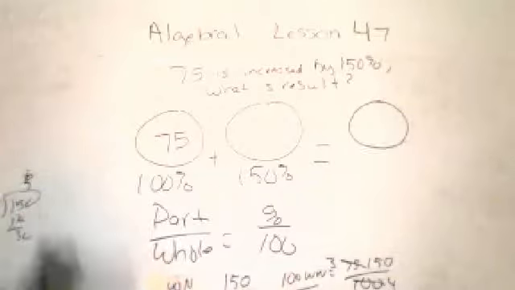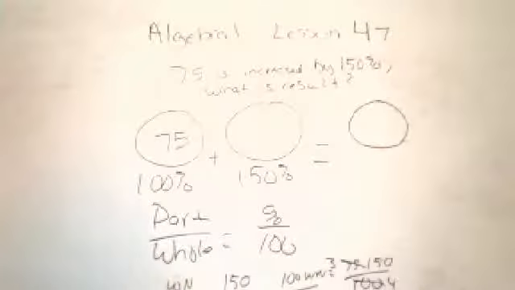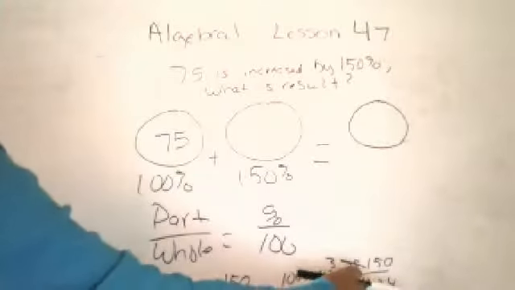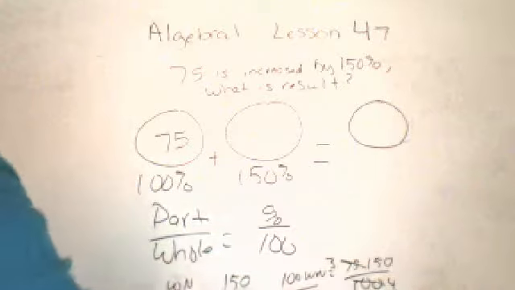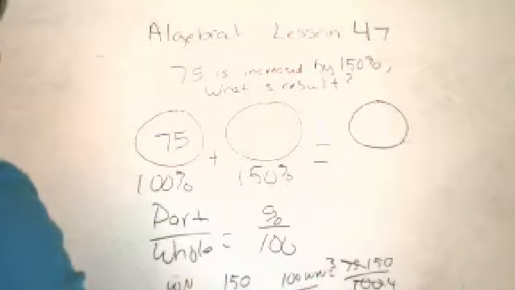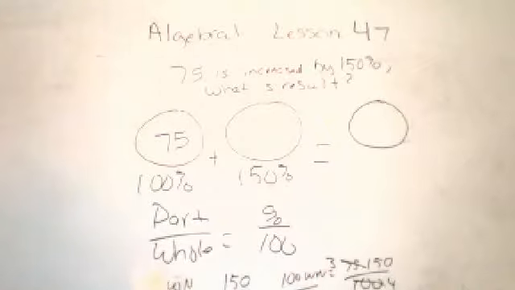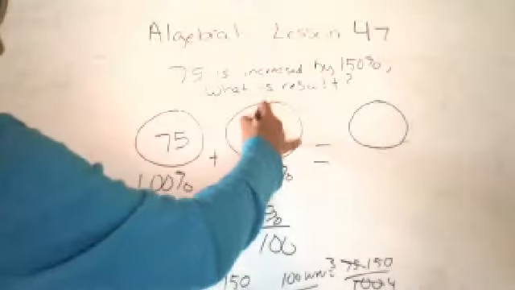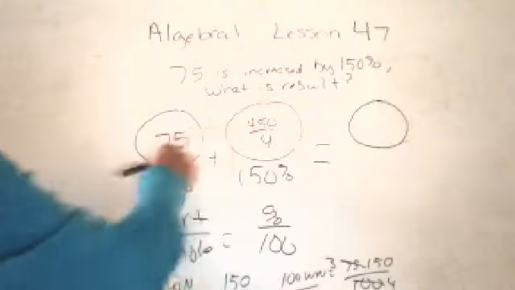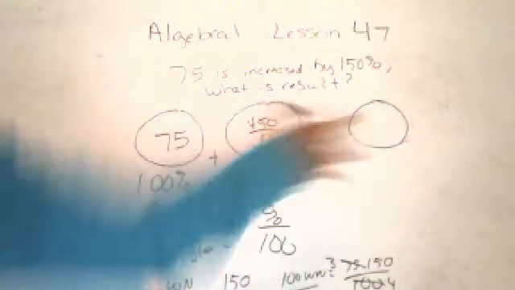It doesn't go evenly, so you would figure that out. So that would be what? 450 over 4. Okay, that would be your number. Then you would add it to that to get your result.